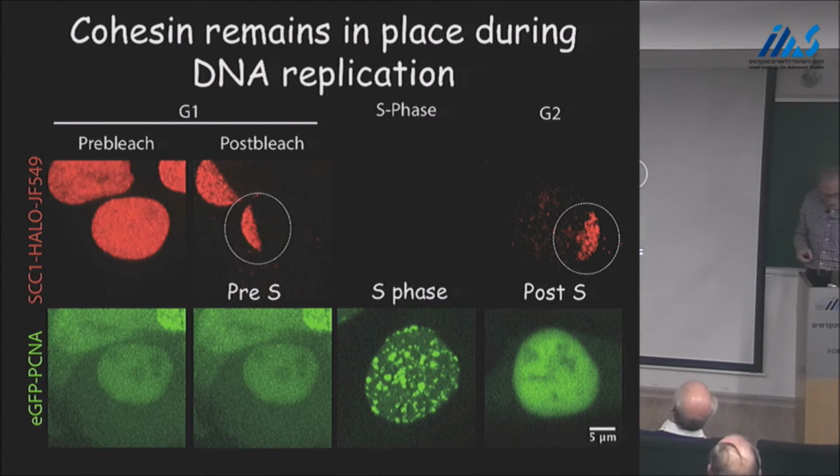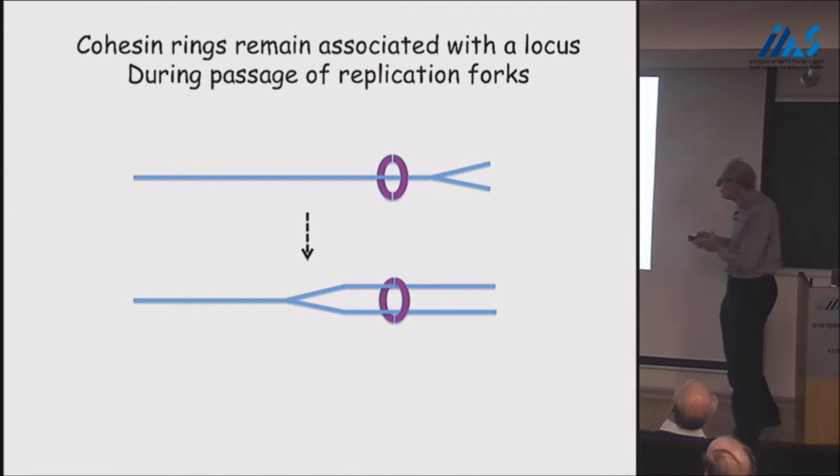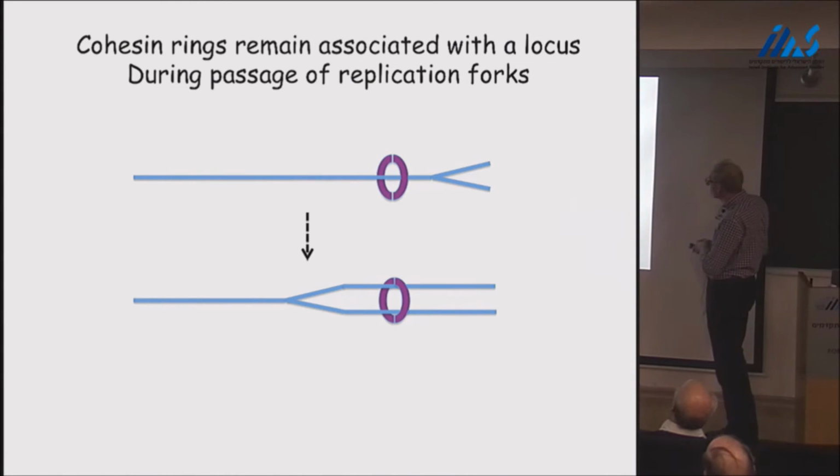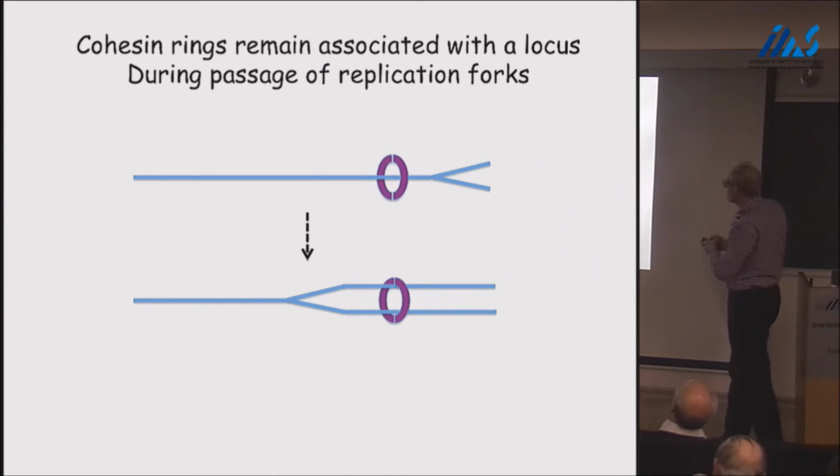Now, basically what we think this is telling us is that this cohesin here, as long as you prevent turnover via WOPL, of course if it's turning over you wouldn't be able to do the experiment, but we block that turning over, it's not displaced by the fork, and we think this turns into this. Now, how it gets from here to here, I can't tell you.